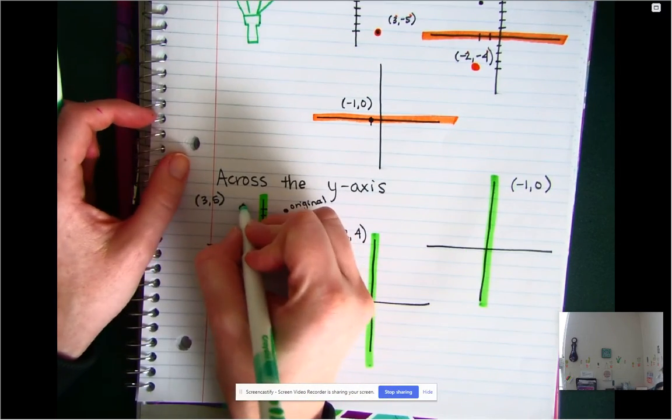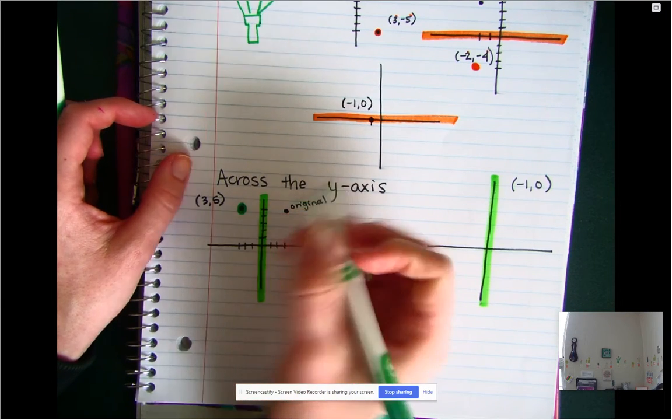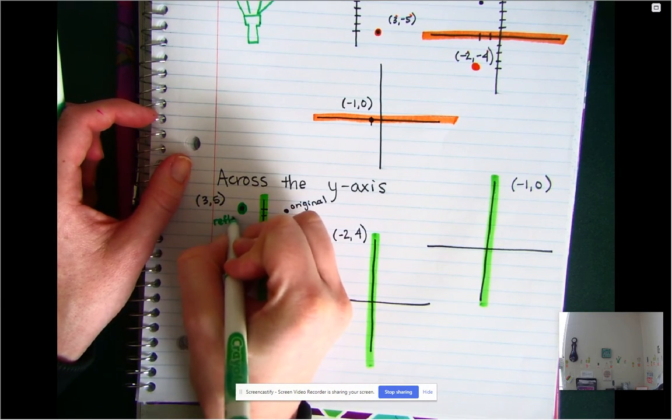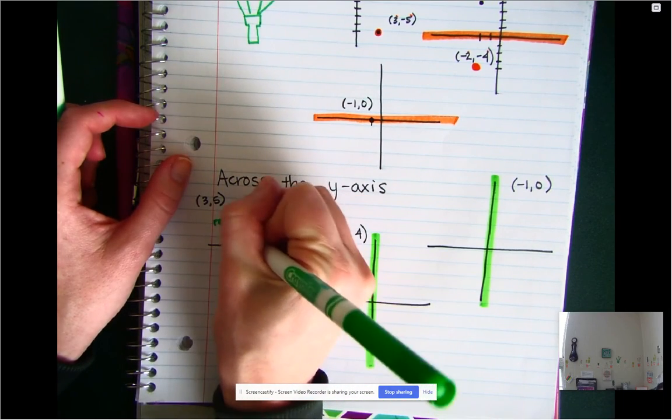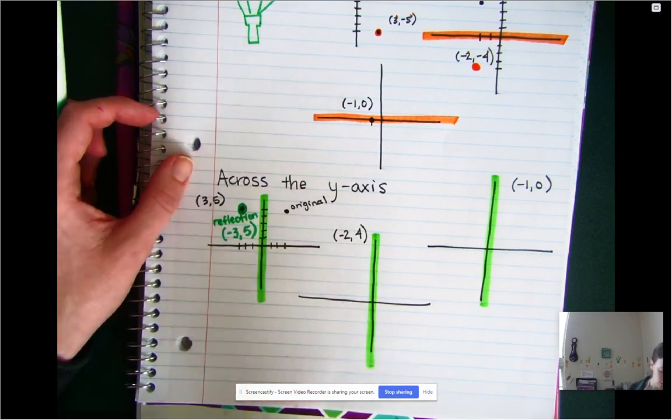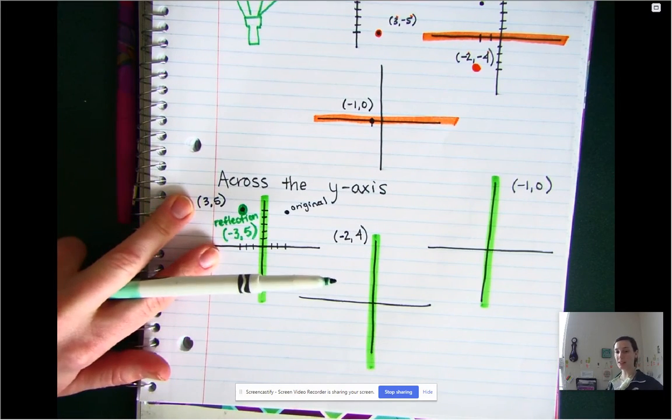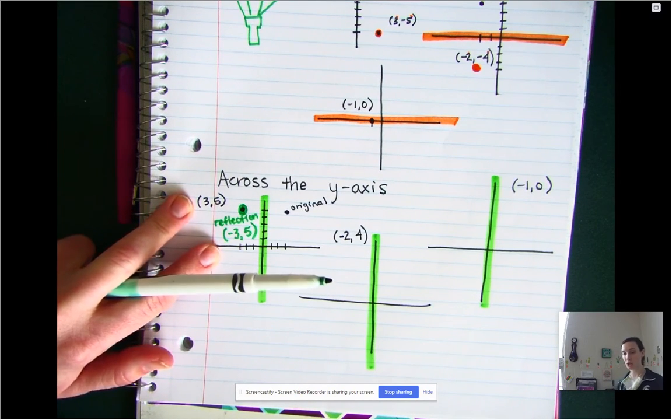I forgot to change colors again. I even had it in my hand. The reflection point is (-3, 5). So look what happened when we reflected across the y-axis. What changed?